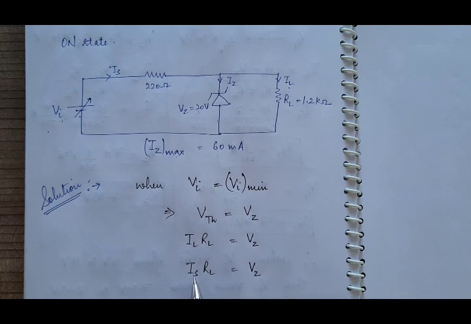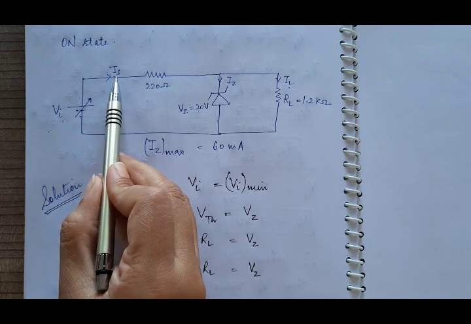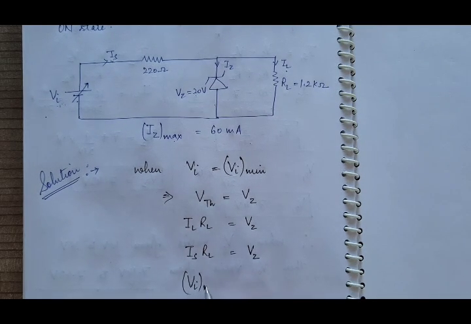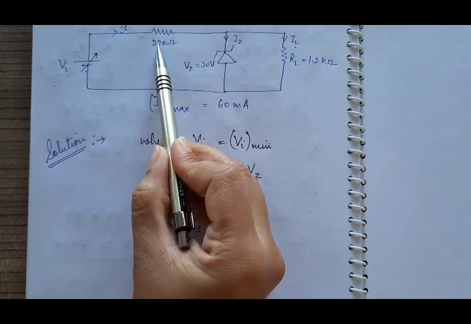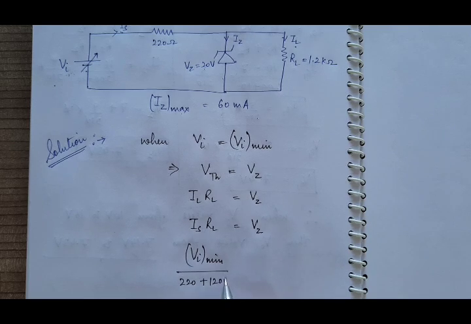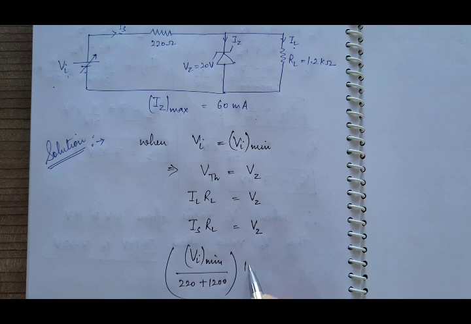And what is this IS? IS is the current, so it will be equal to Vi minimum divided by the total resistance, which is 220 plus this 1.2 kilo ohm. So 220 plus 1.2 kilo ohm is 1420 ohms. Into RL, which is 1200 again. It is equal to Vz, which is 20.